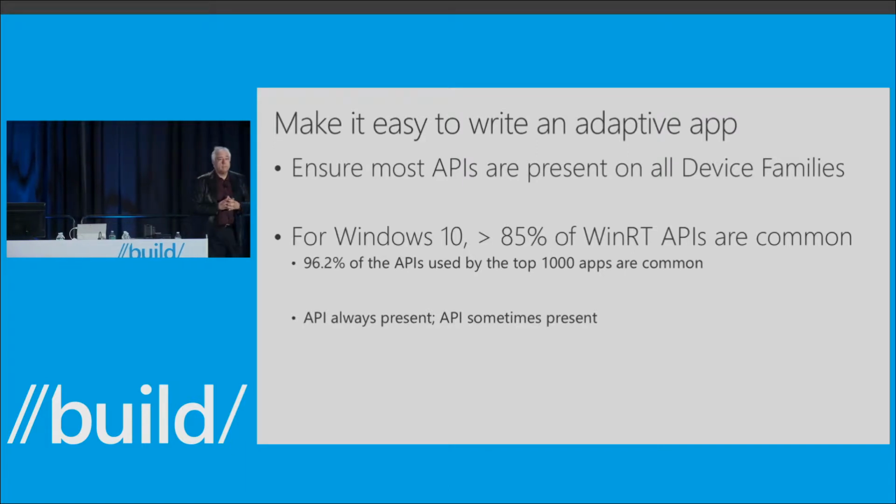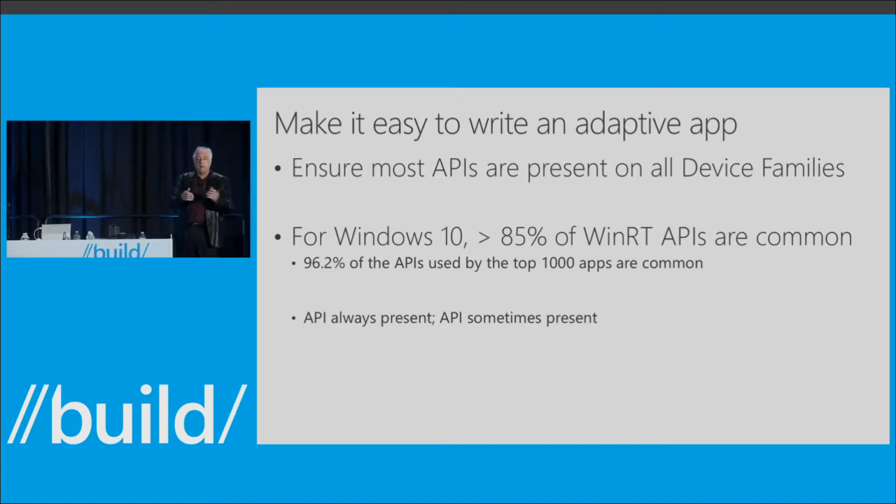Think of printing. The printer API has, get me the default printer. On Xbox, the printing APIs are all there, but the Xbox will never support, at least never for this release, printers being attached to the Xbox and printing.